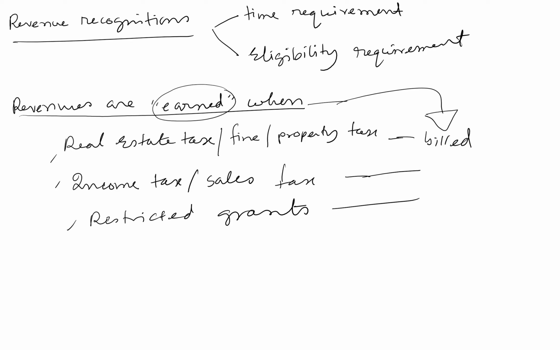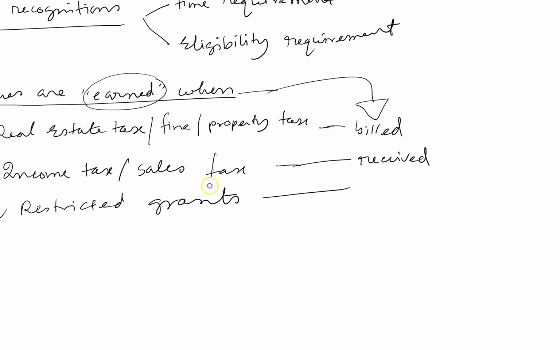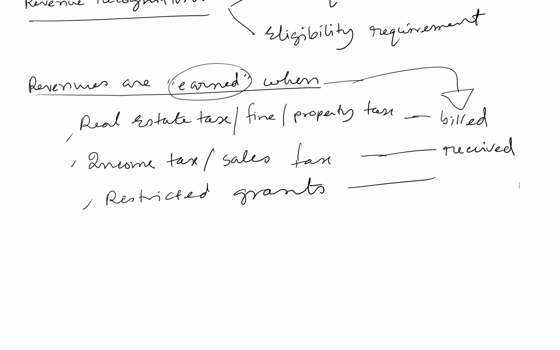For income tax and sales tax, revenues are earned when received. For restricted grants, revenue is earned when you spend it for the specific purposes for which the grant is given. That means when you spend it, you record the revenues.